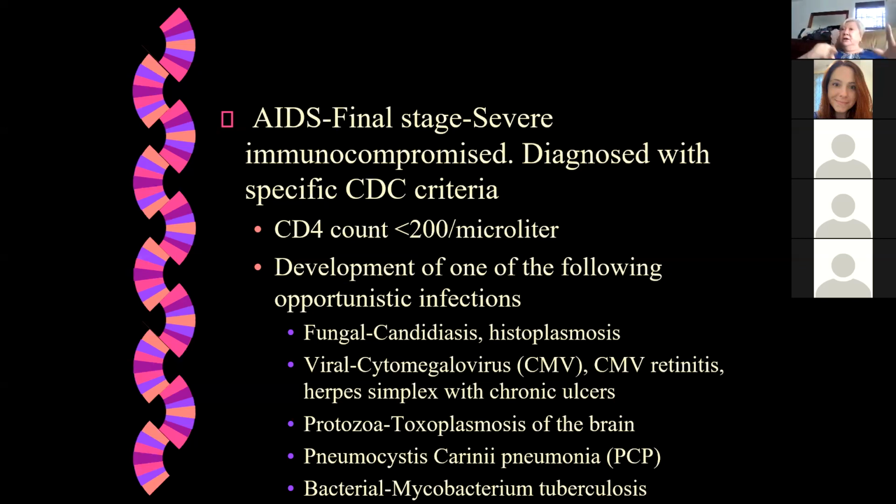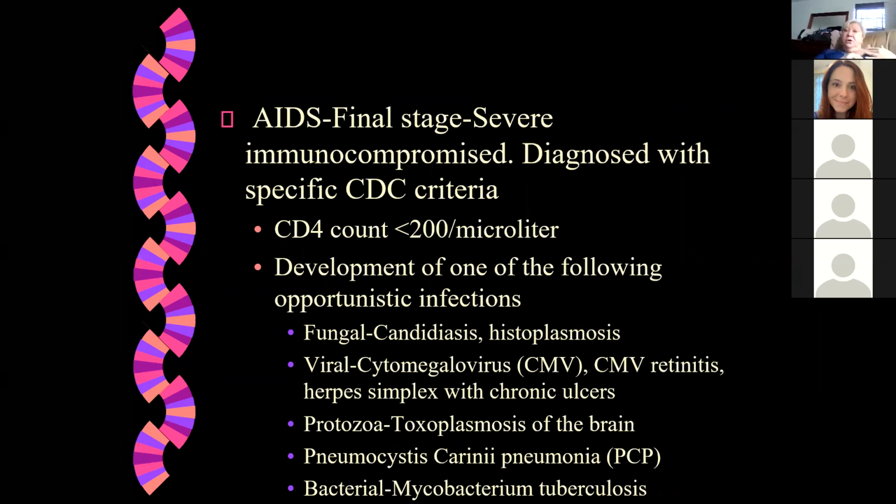These are not all inclusive by any means. You can have an opportunistic infection and have a normal CD4 count. You only have to have one, HIV positive and one criteria. So don't think you have to have a low CD4 count. Most do, but you don't have to.